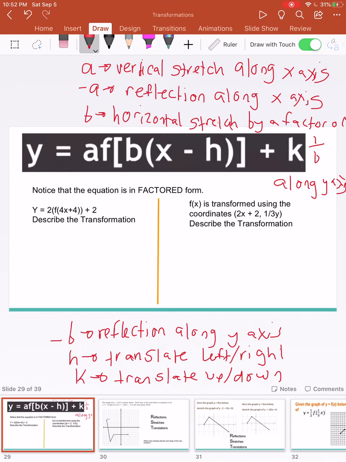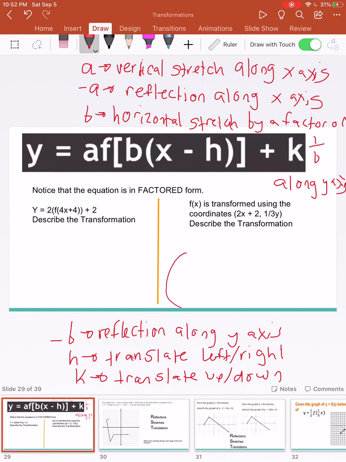If you were to try to transform a graph with multiple transformations, it's going to be a lot easier with mapping coordinates. If you try to do each transformation at a time, you end up trying to draw the graph 2, 3, 4 times. With mapping coordinates, you only have to draw the new graph once.